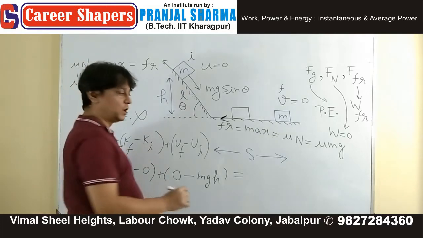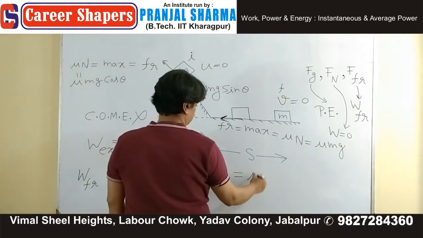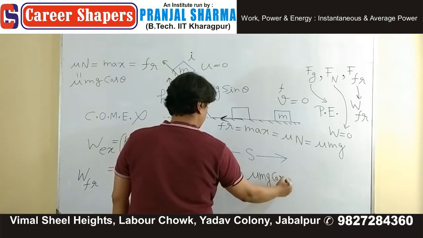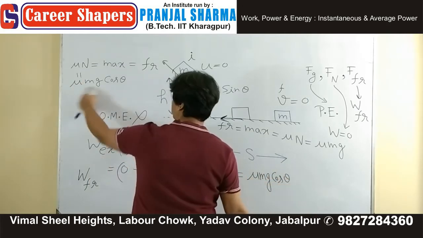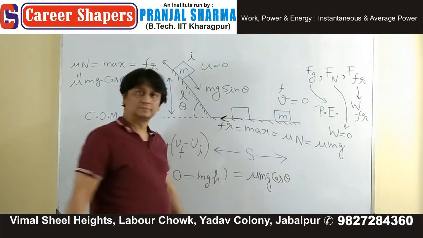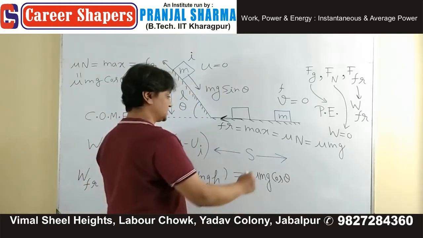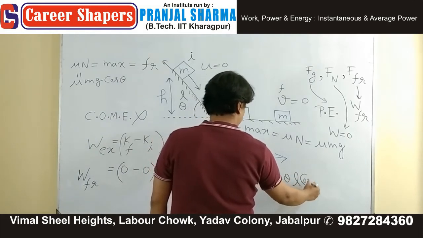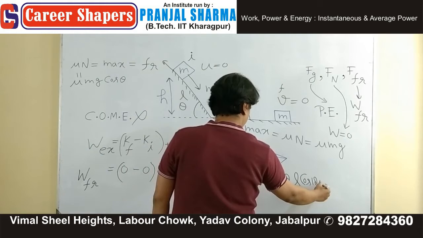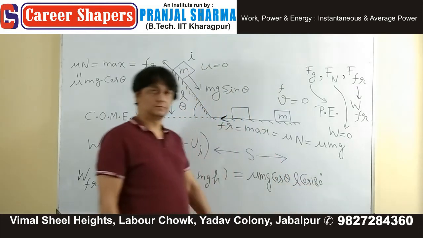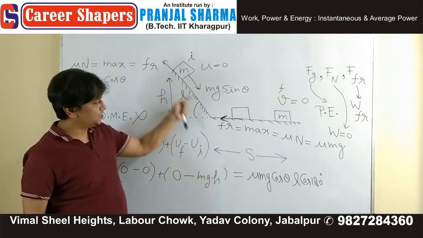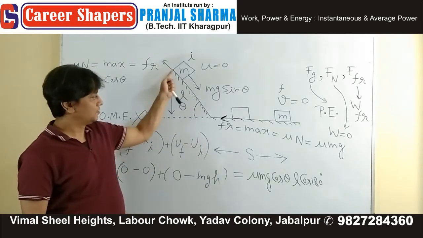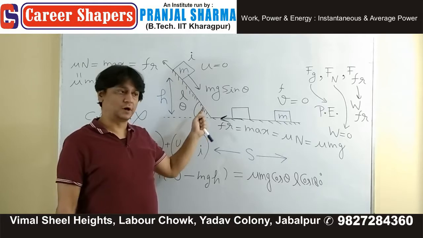How do you find work? Force. कितना force है? Mu mg cos theta. This multiplied by displacement into cos of 180. L नीचे आ रहा है, फ्रिक्शन ऊपर लग रहा है. Work done by friction on this part.